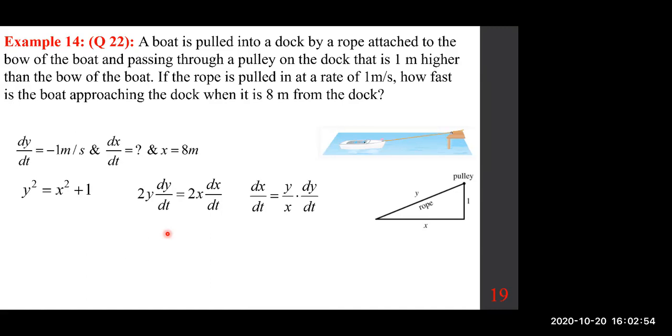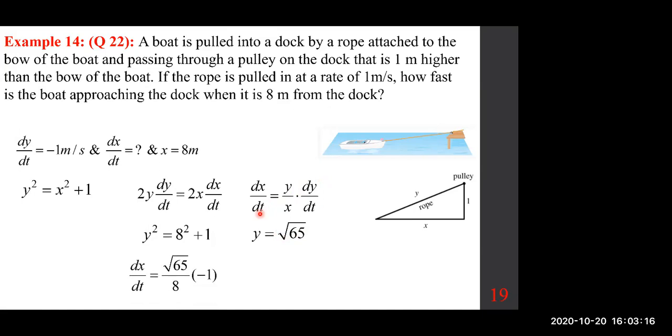Of course, we need to know when x is 8, everybody. When x is 8, what is y? So 8 squared is 64, plus 1 is 65, square root of that. So calculate that. y is the square root of 65, and now you have everything to plug in.